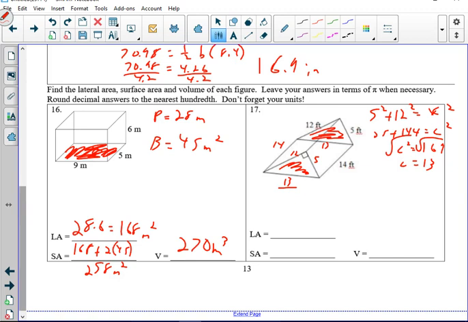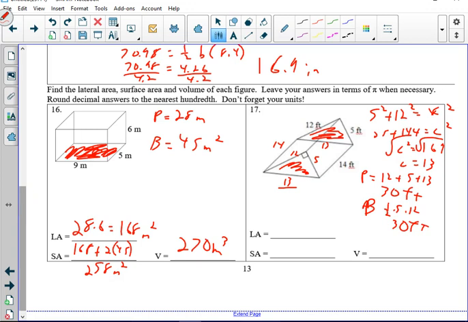Now all of our numbers are in. But we need the area of the base and the perimeter of our base. So the perimeter is 5 plus 12 plus 13, so the perimeter is 30 feet. The area of the base is 1/2 5 times 12, which is also 30 feet, coincidentally.